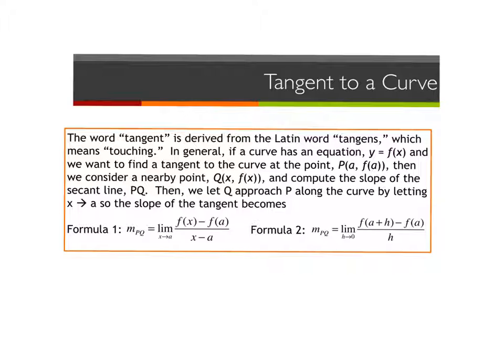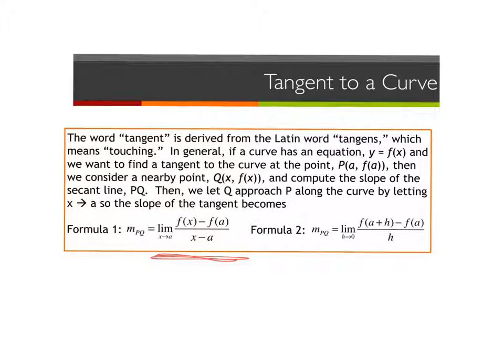So there are two different formulas for this, and they're both limit formulas, because what we're doing is letting that x value approach that a value. There are different ways to look at it. We mostly will use the second one. I know it looks more complicated, but it's more easily used, believe it or not. But this first one is the limit as x approaches a of f of x minus f of a, over x minus a.